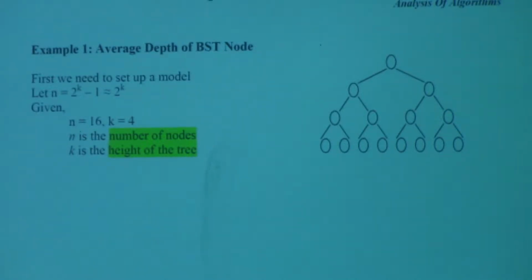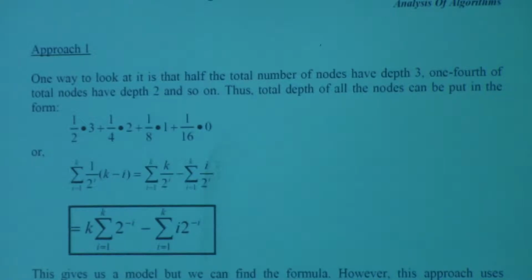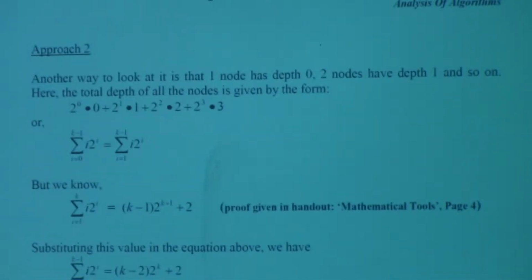So what we can try to do is set up some type of a way to sum all those nodes. And to do that, there are two different approaches. So approach number 1, I'm going to skip. I'm going to go directly to approach number 2, because either one of them is going to give you a very close approximation. One way of looking at that is to look at the picture of the tree and see what's going on here.